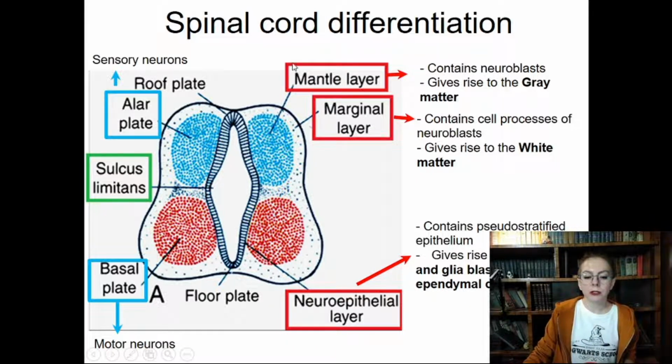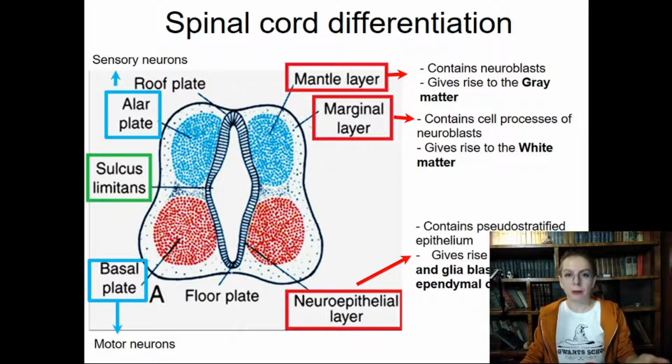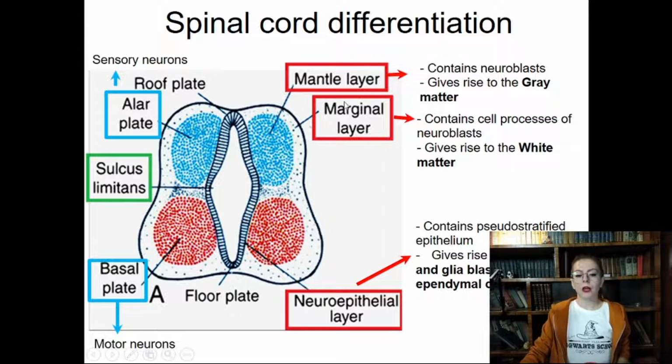Then the middle layer is the mantle, and it concentrates neurons and is responsible for the gray matter formation, while the outer layer is called marginal, and it is responsible for the white matter formation as it contains predominantly cell processes. Okay, so please remember 2 plates and 3 layers.